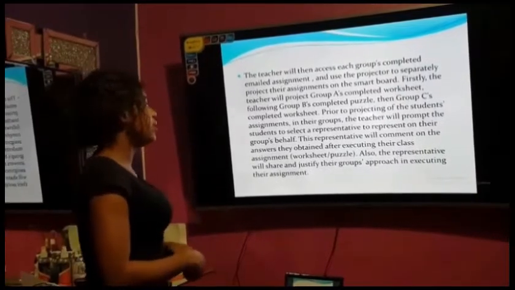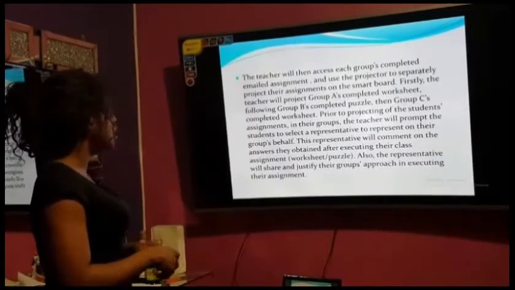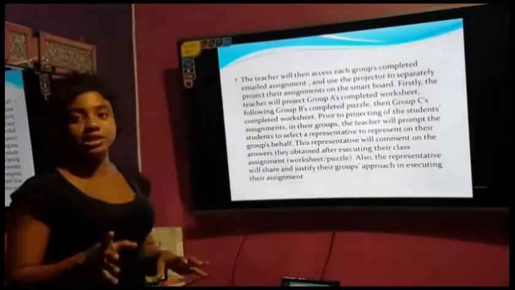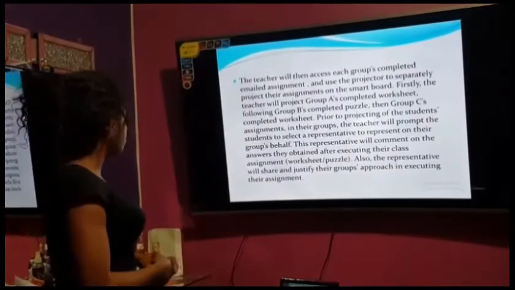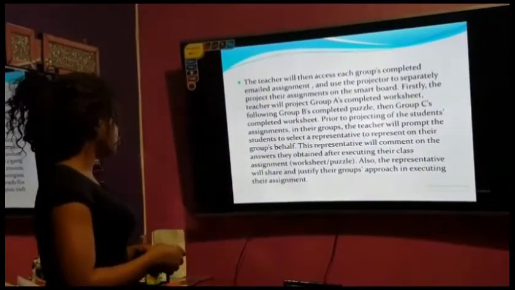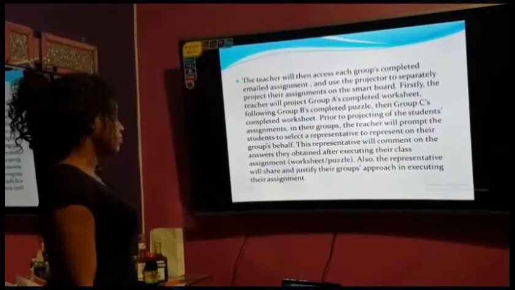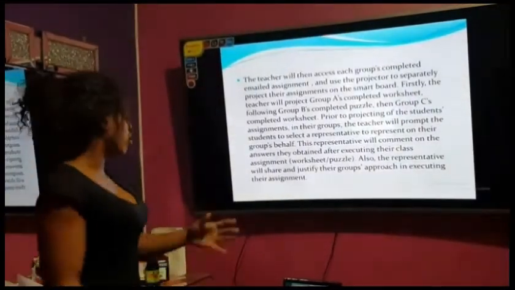Prior to projecting the students' assignments, the teacher will prompt each group to select a representative to speak on the group's behalf. This representative will comment on the answers they obtained after executing their class assignment, which will be, as I said, a worksheet or a puzzle.